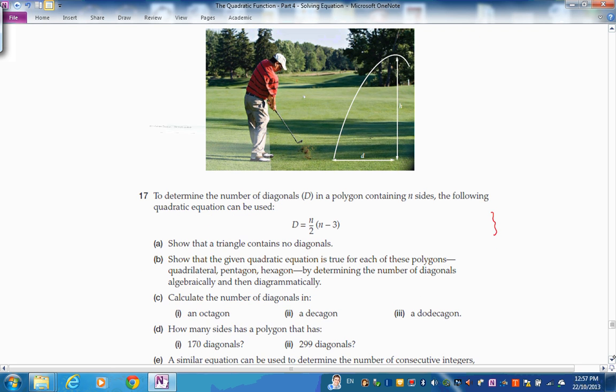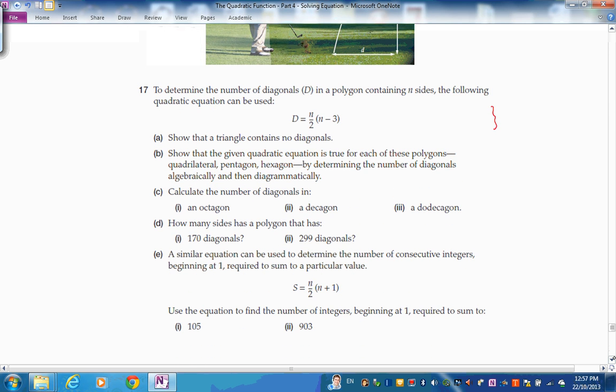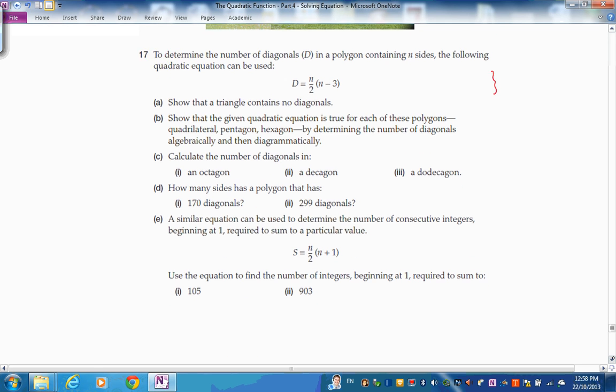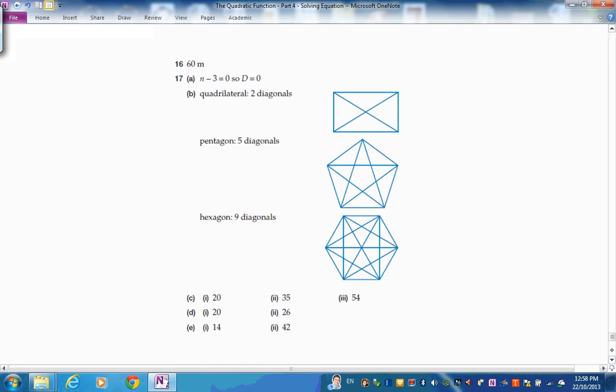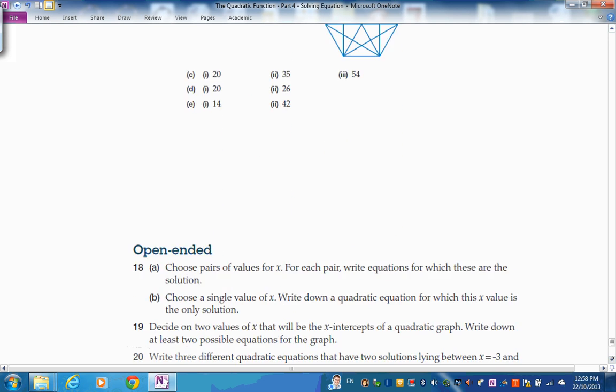Oh no, hang on, we've got to look at the rest of the question here. It's a bit longer than what I thought. 17. Okay, 17 has got a lot happening. That's a challenging one. Okay, and then come down, look at those answers. Quite a bit of work there in 17. Okay, let's look at the final ones now.